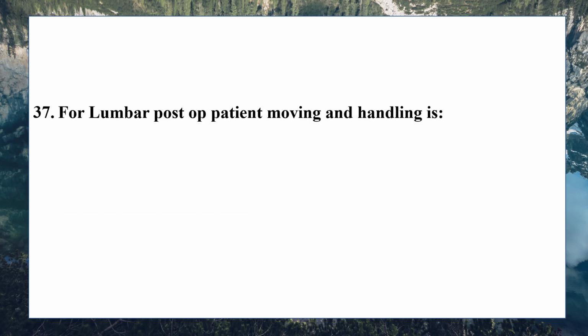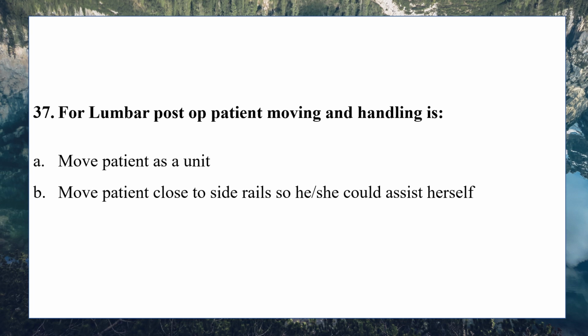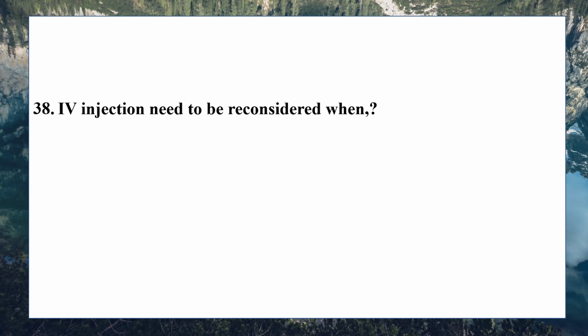For a lumbar post-operative patient, moving and handling is: Option A. Move patient as a unit. Option B. Move patient close to side rail so he or she could assist herself. Option C. Move with leg raised and flexed. Answer is A. Move patient as a unit.